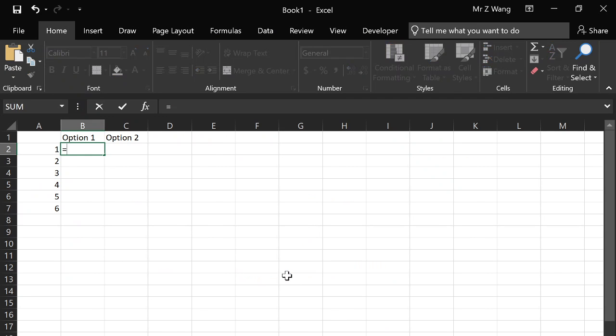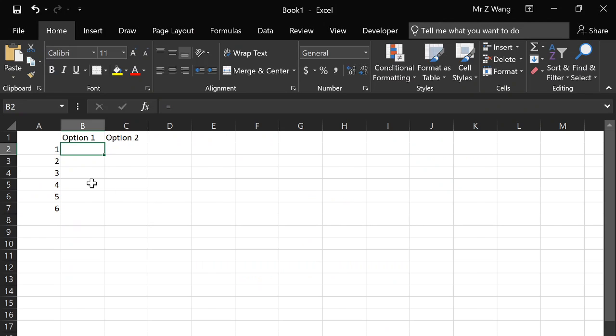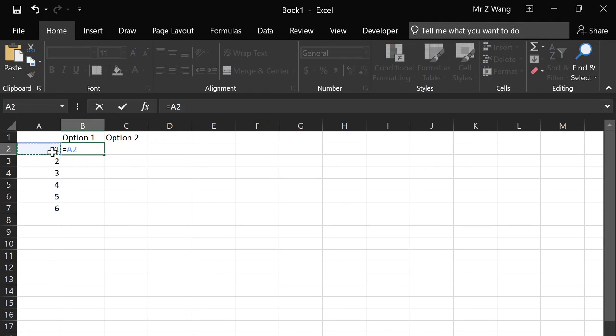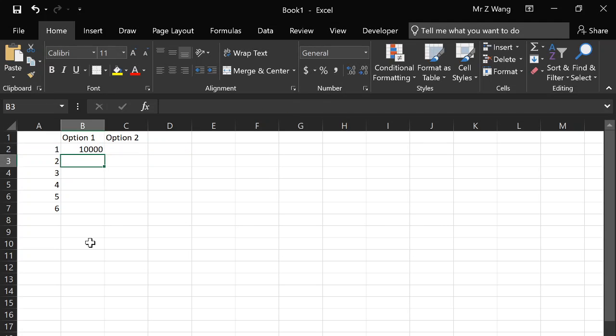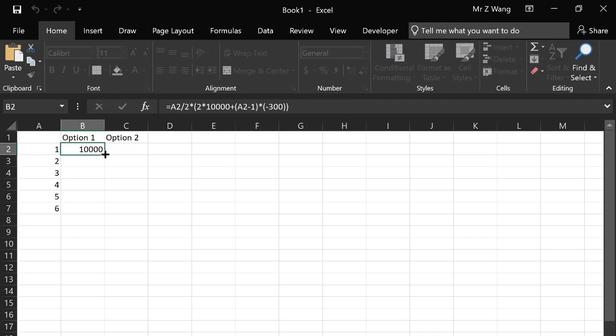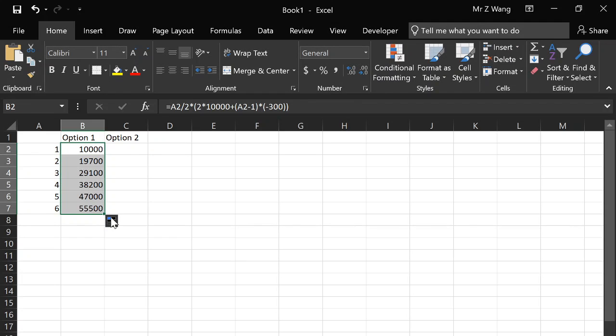This is equals, starting from divided by 2 times by 2 times plus minus 1 times negative 300. Okay, now just dragging it down. You press the calculator, it's the same thing, right?